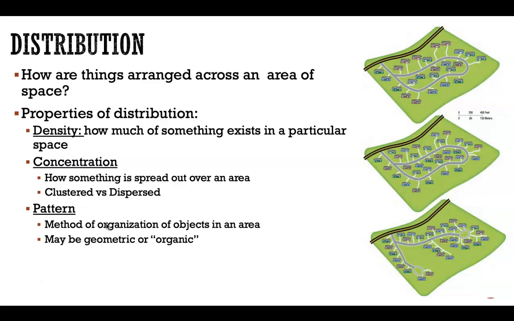Is it clustered? Is whatever we're talking about all in one spot? Or is it spread out and dispersed? So those are a couple things that you're going to definitely have to know for the test. And then we look at pattern too, right? Streets are organic patterns, but we also have geometric, laid out streets and design, city planning, all of those things follow patterns.